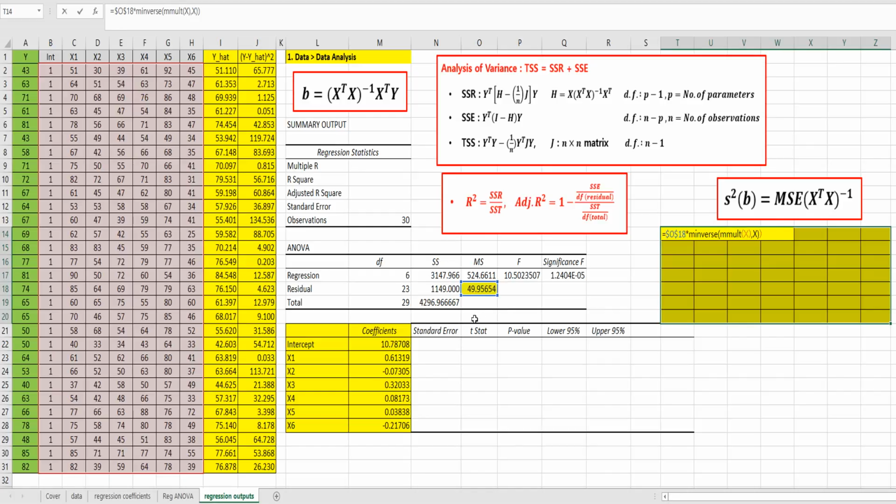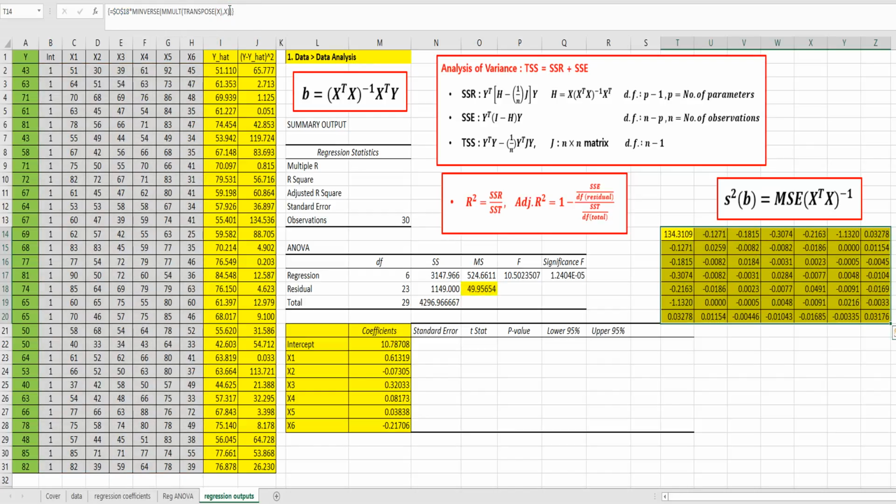Okay, so MSE times x prime x inverse. Then press Ctrl Shift Enter. What's wrong? MMULT. Sorry, it should be transpose. MMULT, transpose x. Okay. All right.